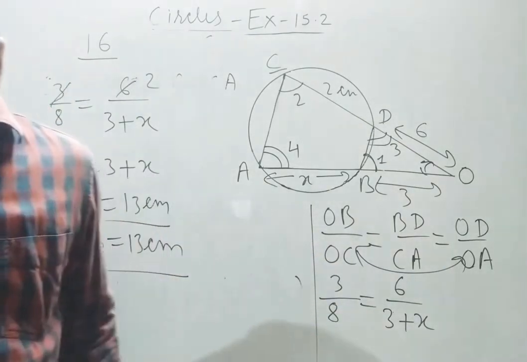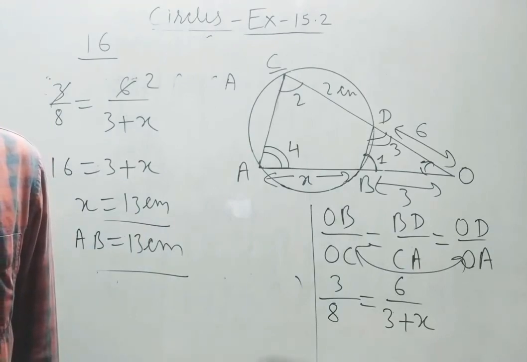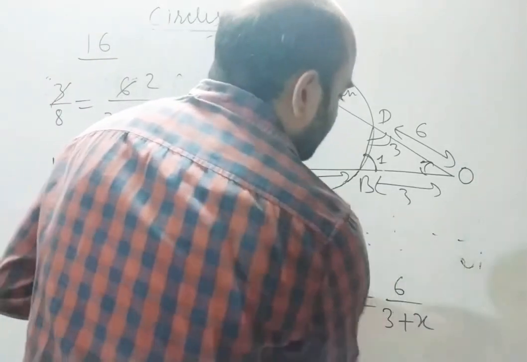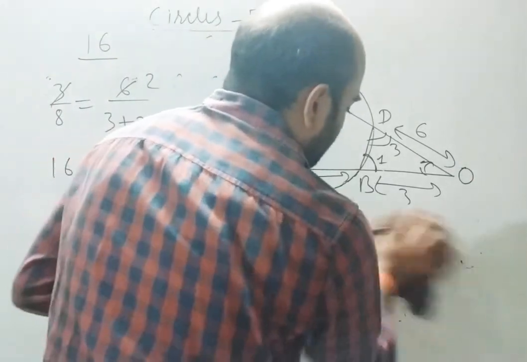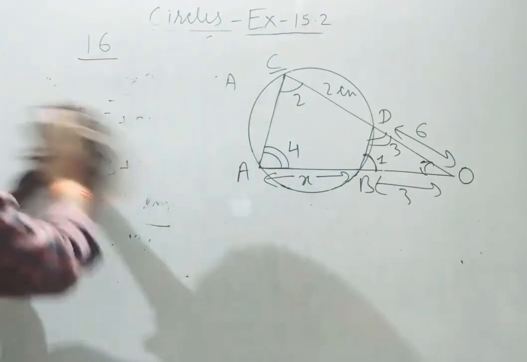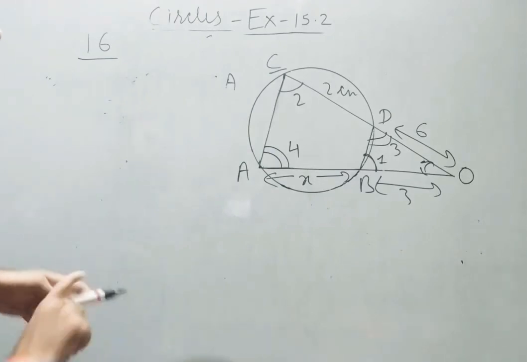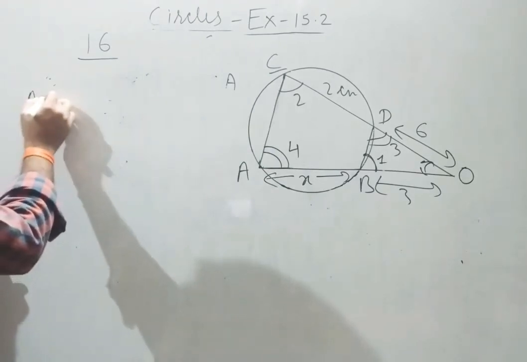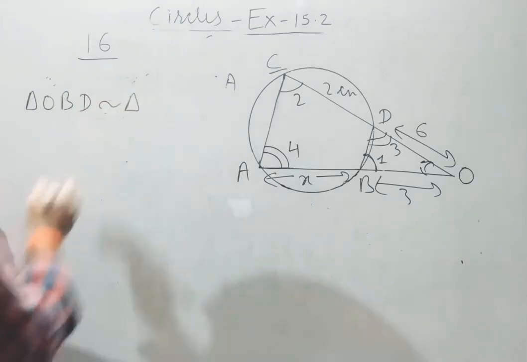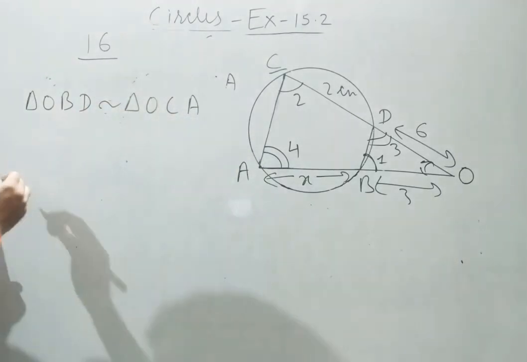Now last part. Find the ratio of area of quadrilateral CABD upon area of triangle OAC. So if triangles are similar, what about their ratio of areas? See, the triangle OBD is similar to triangle OCA, therefore ratio of their areas.